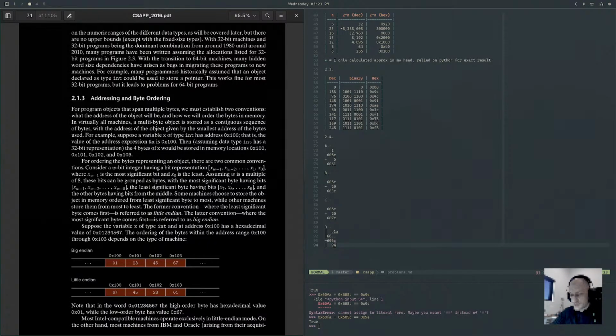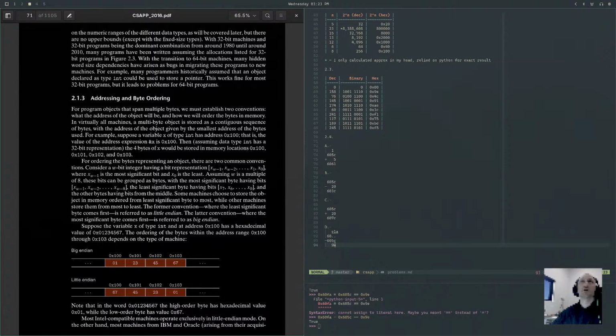With 32-bit machines and 32-bit programs being the dominant combination from around 1980 until around 2010, many programs have been written assuming the allocation listed for 32-bit programs in figure 2.3.